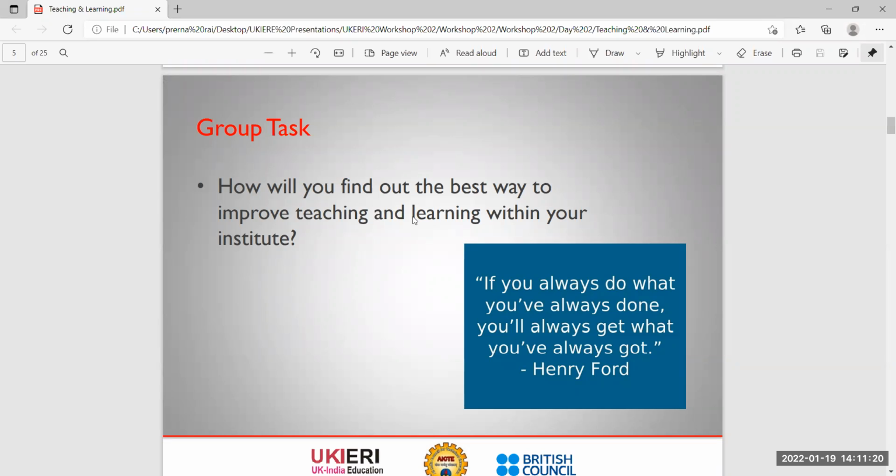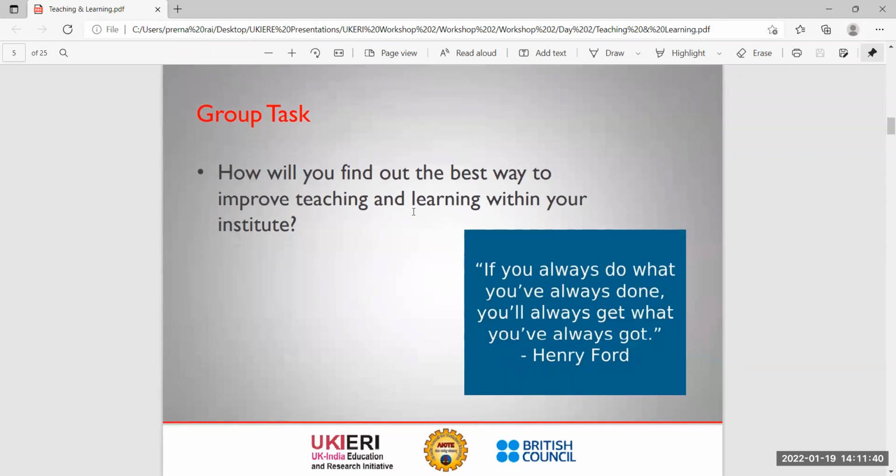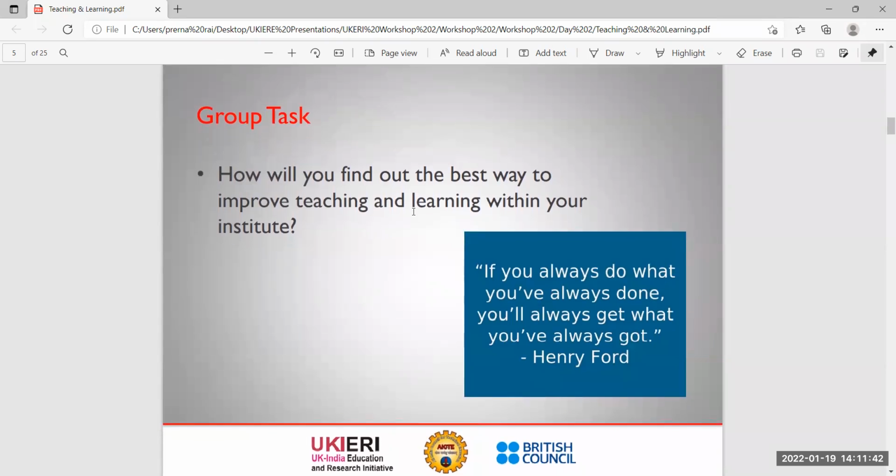And please think out of the box, not the general, simple things we usually think and see. Can you find the best way to improve teaching and learning in your institute? Please do it. Once you have done, you can speak up.